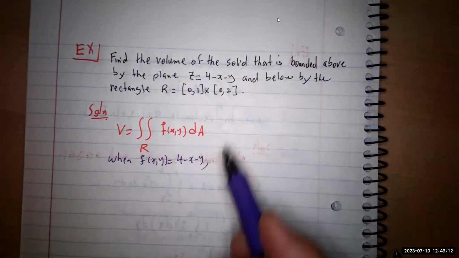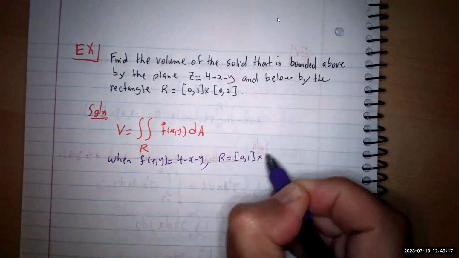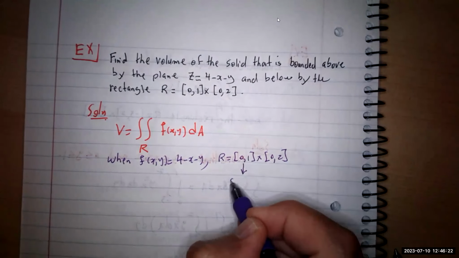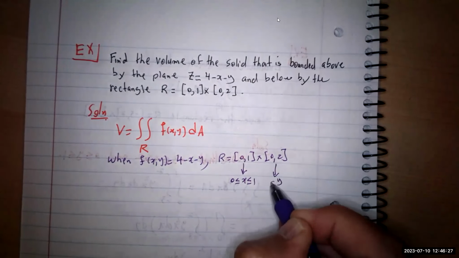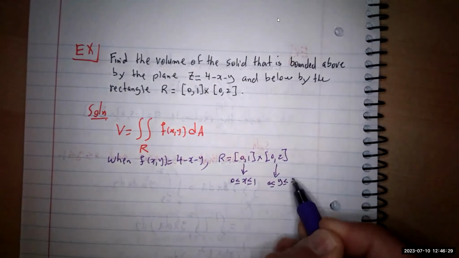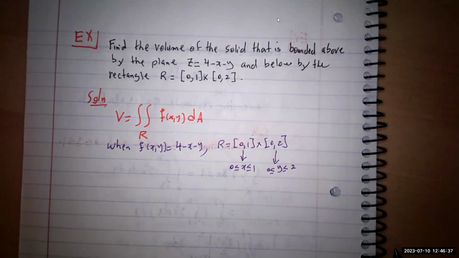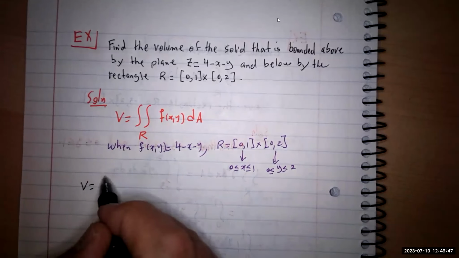And the rectangle, you already got the rectangle. So this means x is between 0 and 1, and y is between 0 and 2. Okay, so you must know that the volume can be found by the double integral. Now you set it up and just use the Fubini theorem to find it. So now we say that the volume is going to be equal to the double integral.